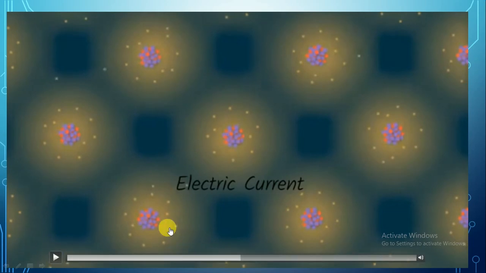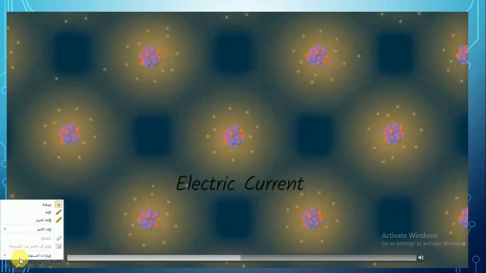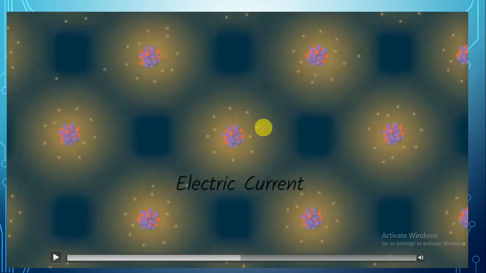Okay guys, so let's go back to this part here. Those small things here, as you see, they are electric charge. They have negative electric charge. Negative electric charge. Another negative electric charge. Okay, so this negative electric charge moves from this particle or from this atom to this atom and to this atom.